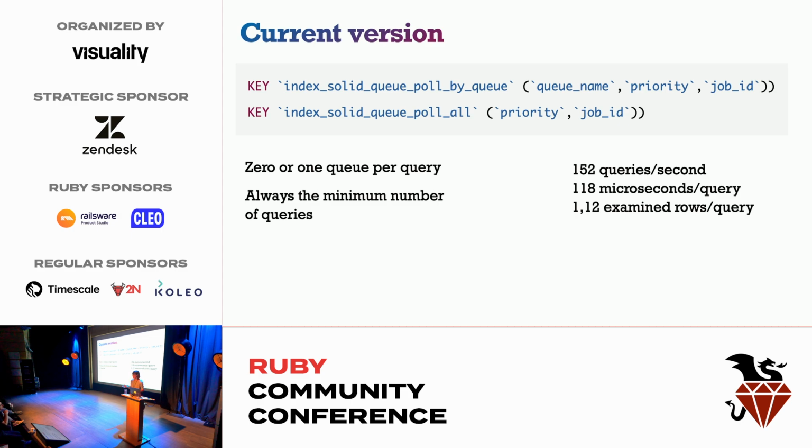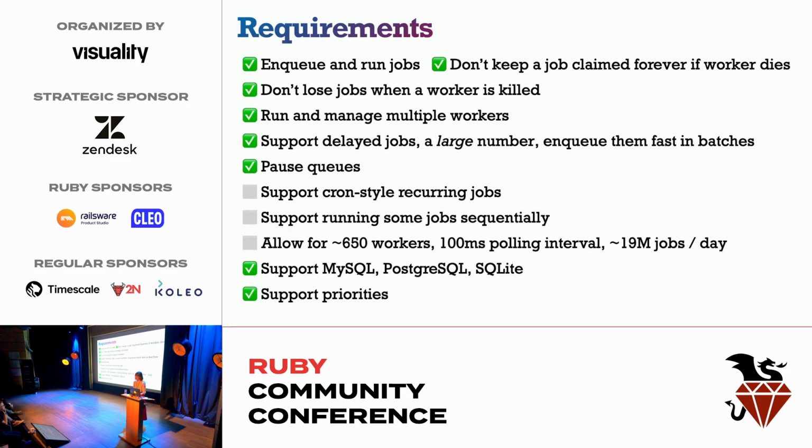We used to do about 4,000 queries per second, but now we are only doing 152. Each query takes on average 180 microseconds and examines very few rows, which is very, very light. So we weren't seeing the load we saw before, and we could easily scale this to the numbers we needed for Hey.